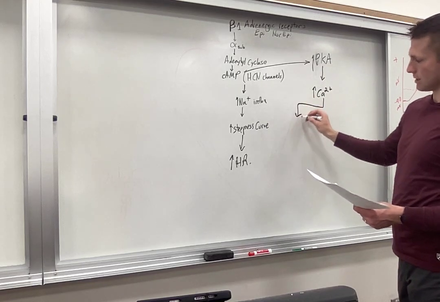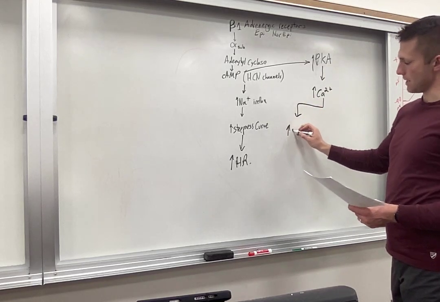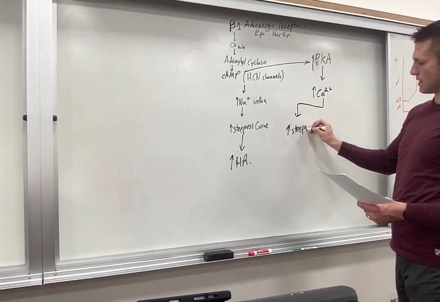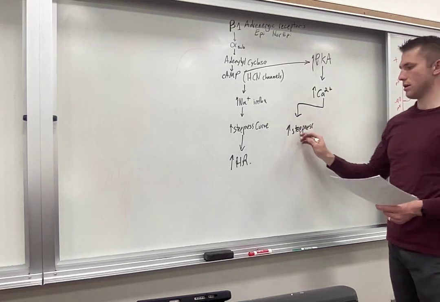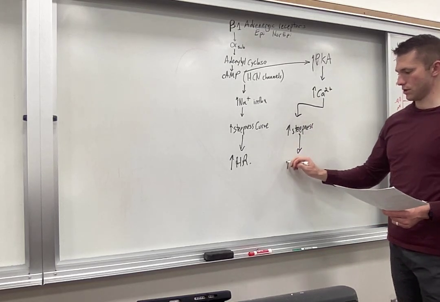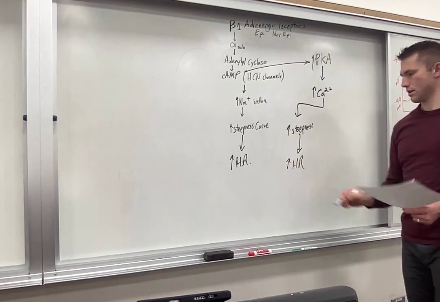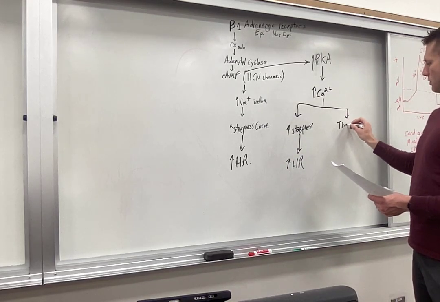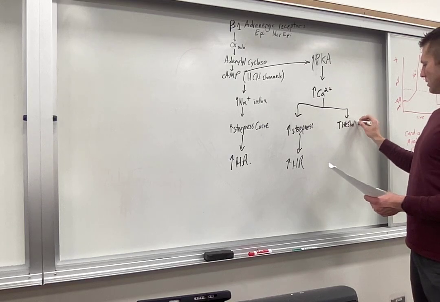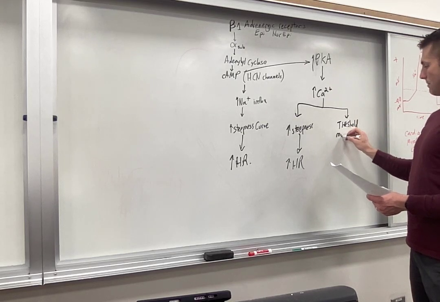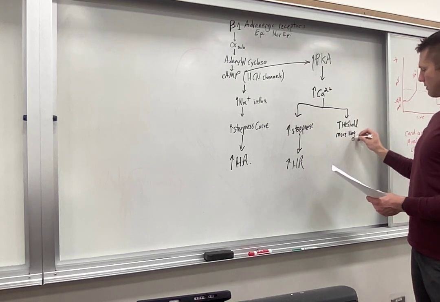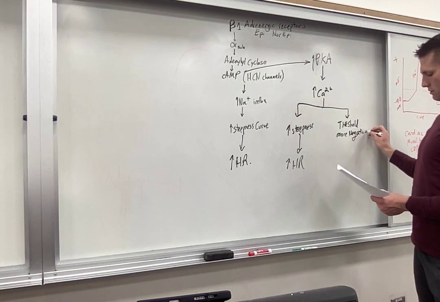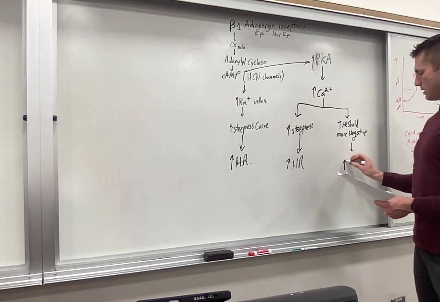That causes an increase of steepness of the slope, which we already know causes an increase in heart rate. But it also causes the threshold to be more negative, which causes an increase in heart rate.